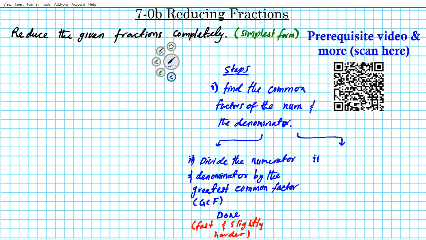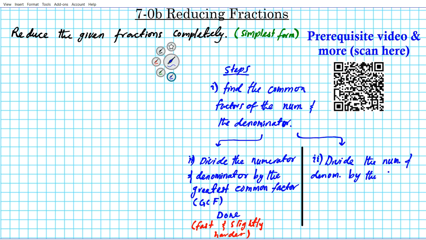So that's one way of doing it, the GCF method, and the other one is simply the common factors method. After doing step 1, finding the common factors of the numerator and the denominator, you're going to divide the numerator, I'm just going to write it as NUM, and denominator by the first common factor.